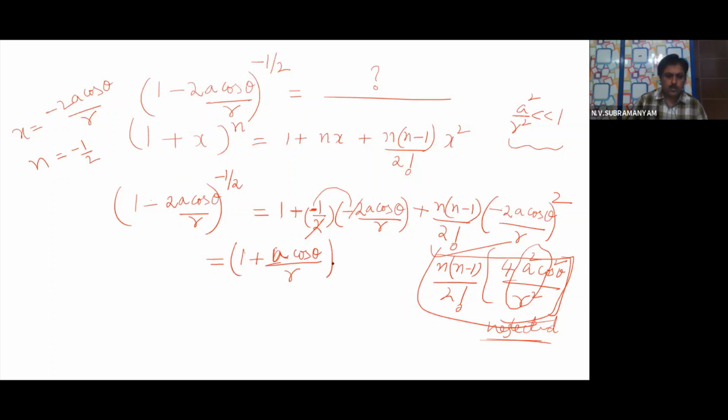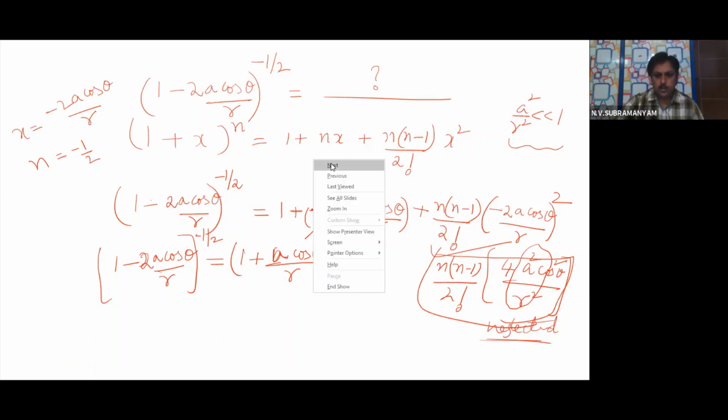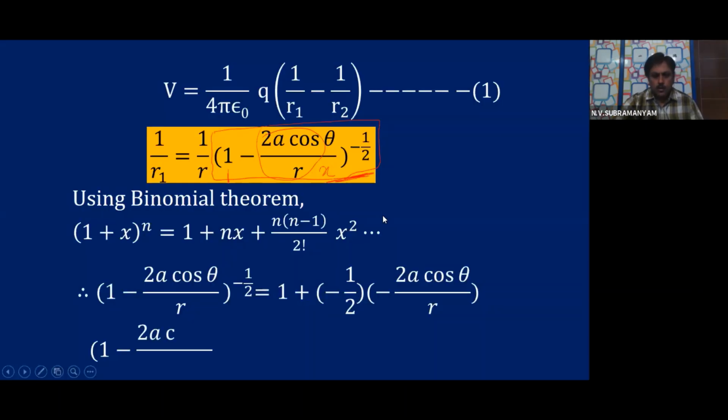So I hope I am clear. 1 minus 2a cos theta by r power minus half is equal to 1 plus a cos theta by r.